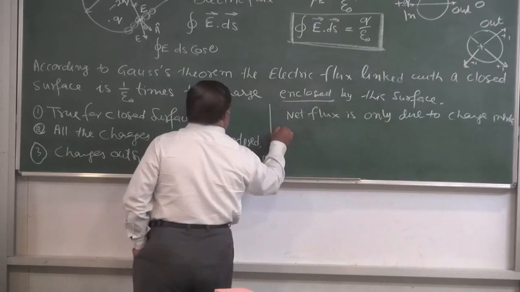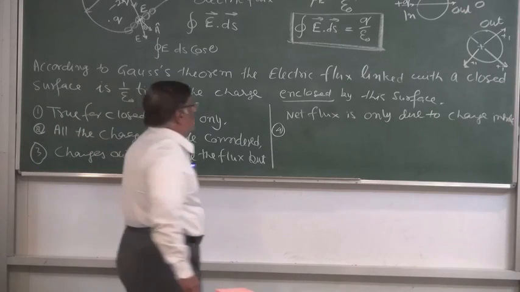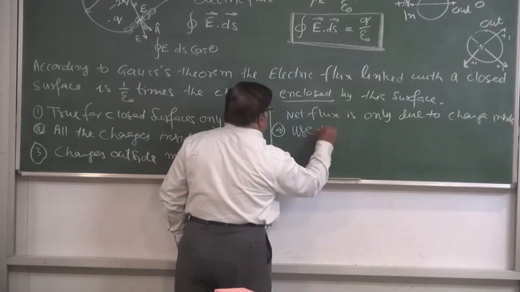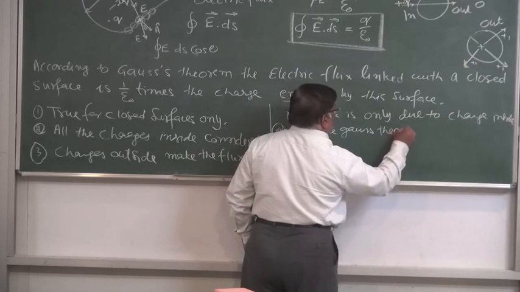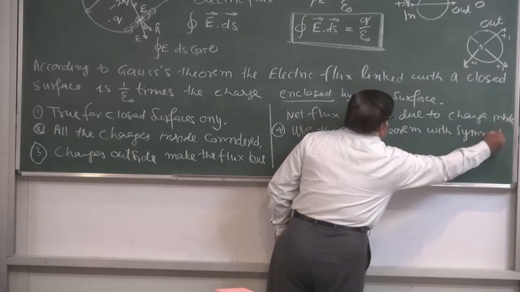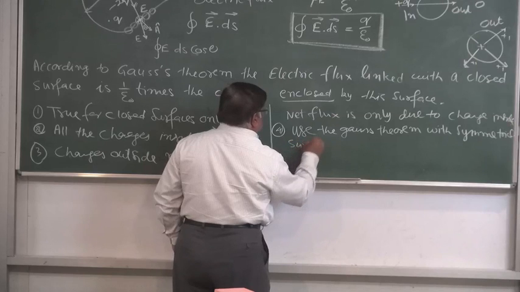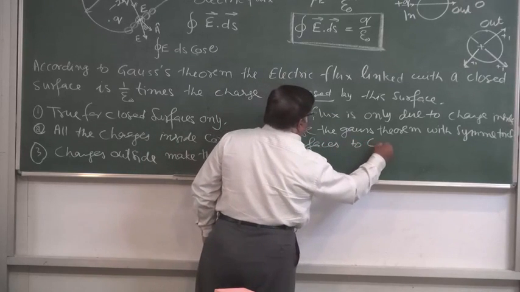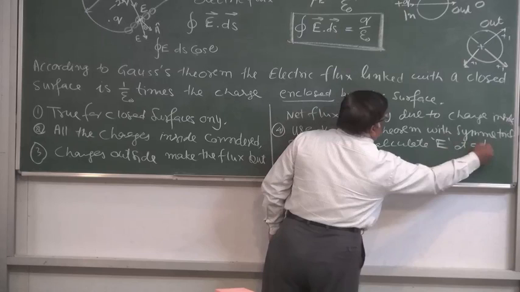Okay, then the fourth property: we can always use the Gauss theorem with symmetrical surfaces to calculate E at a point.